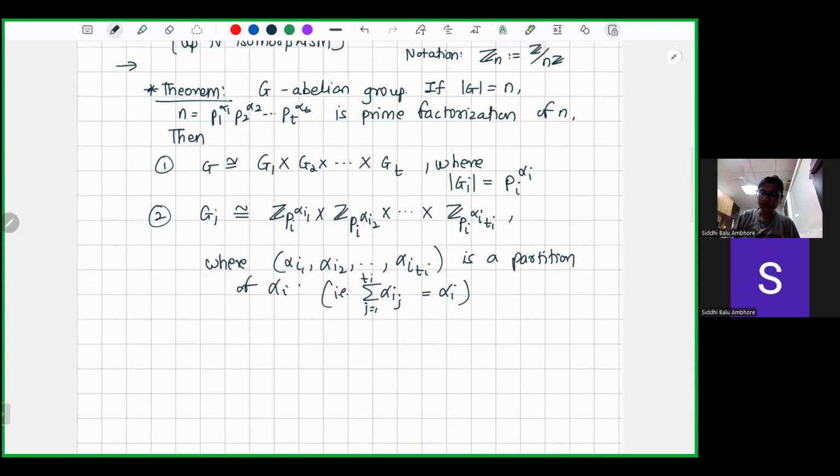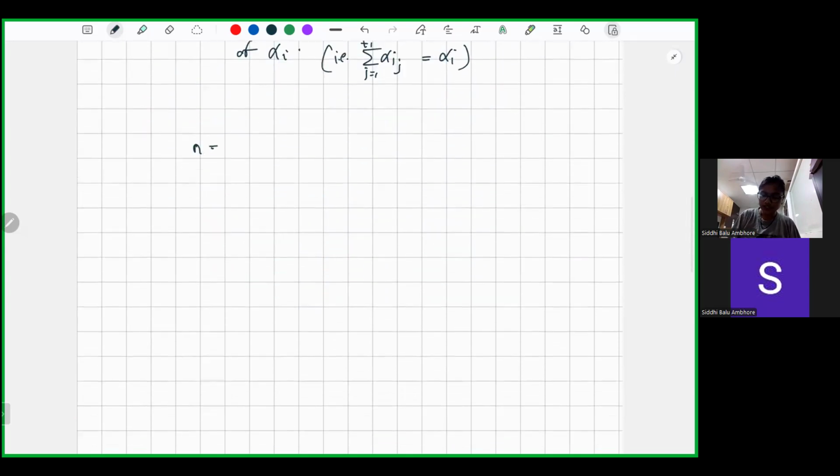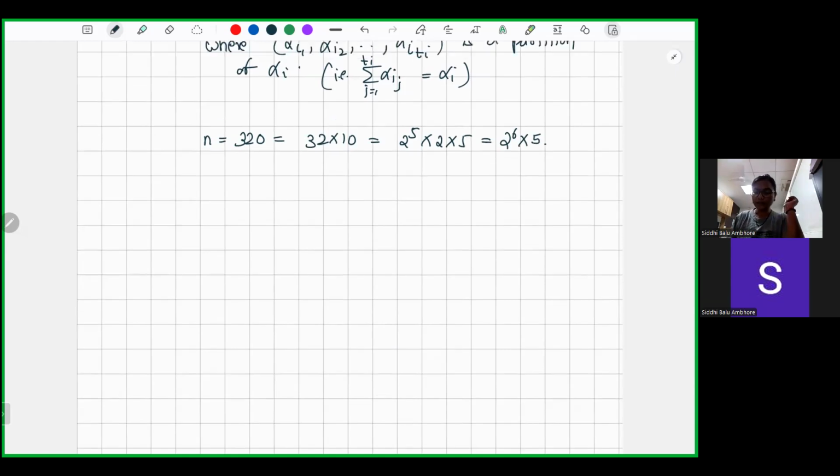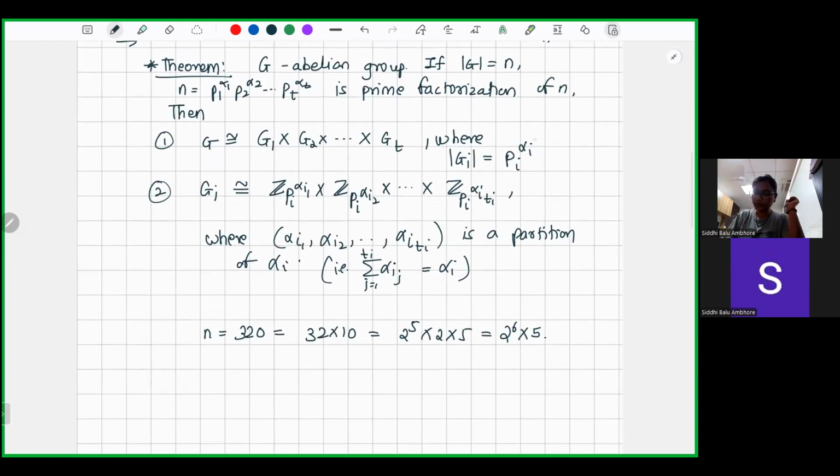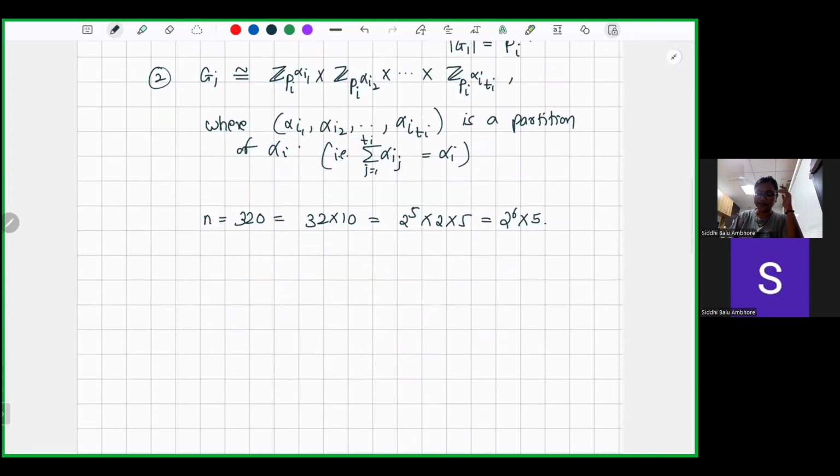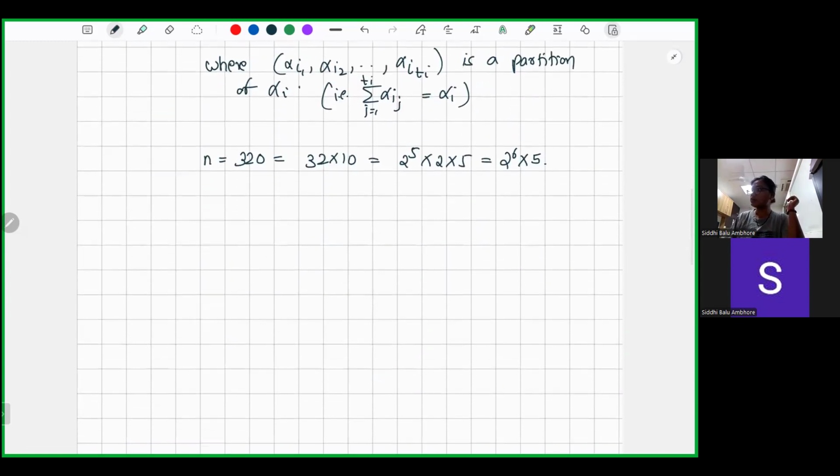So here we need to first write the prime factorization of 320. This is 2 power 6 into 5. And here we have to look at the partitions of the alpha i's. Here my alpha 1 is 6 and alpha 2 is 1.